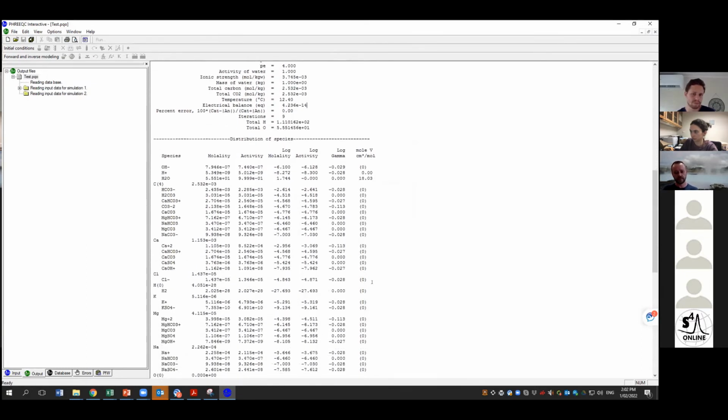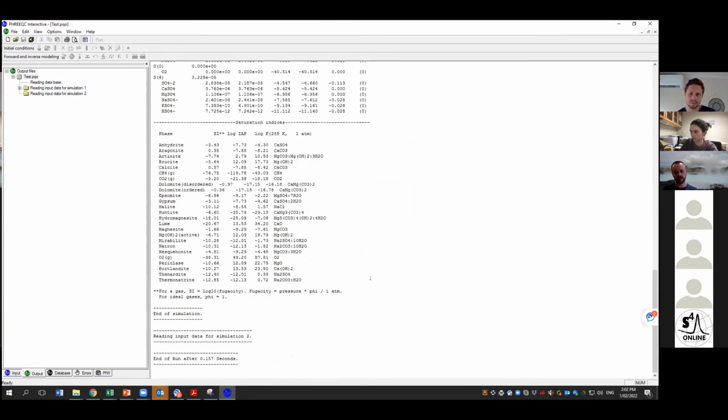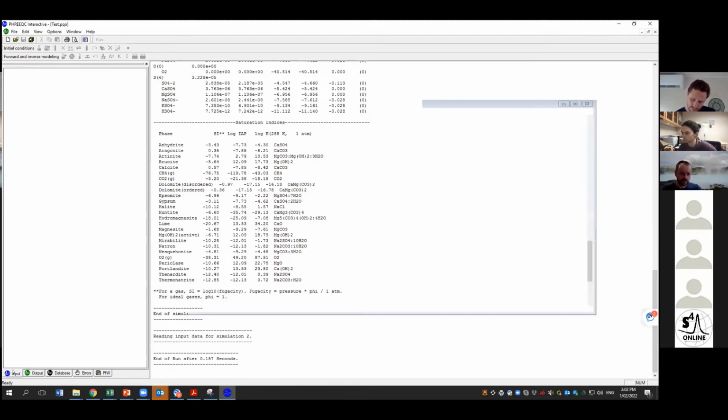But it's important that we're dealing with electrically neutral compositions when we do our modeling, particularly when we step away from speciation modeling in PHREEQC and start to do more sophisticated things, because the code demands that the system is balanced. Okay.